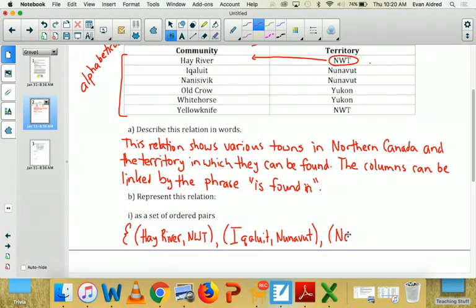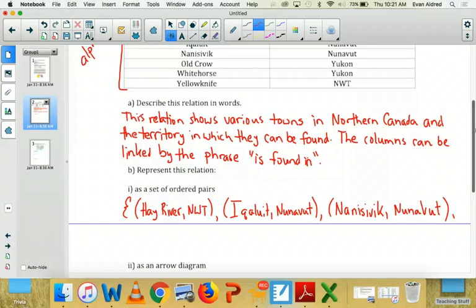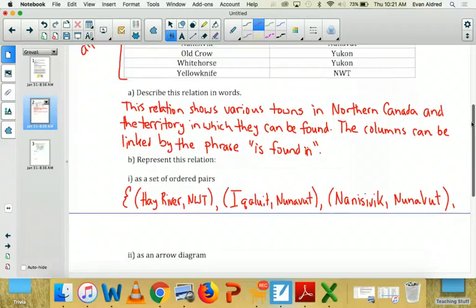So now we move down to the third row, Nanisivik. That's also found in Nunavut. And now we're out of space, so we just go down to the next line, and that's fine to do. So we'll have to scroll a little bit here. So Old Crow, which is found in Yukon, is our next ordered pair.